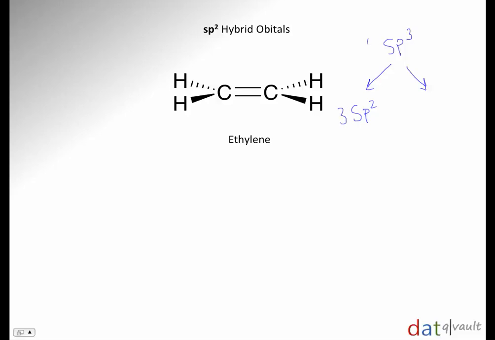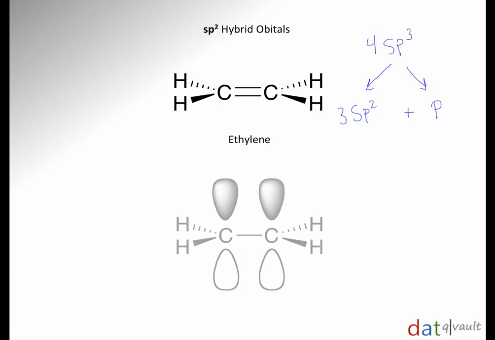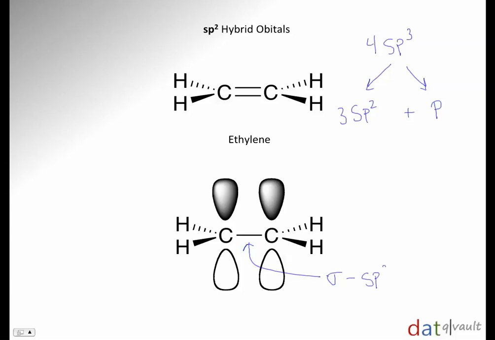3 sp2 orbitals, and then we form 1 p orbital. Why does this happen? If we look at the orbital diagram of ethylene, one of the bonds between carbon, this bond right here, is going to be a sigma bond, which is going to be one of the sp2 hybridized orbitals.